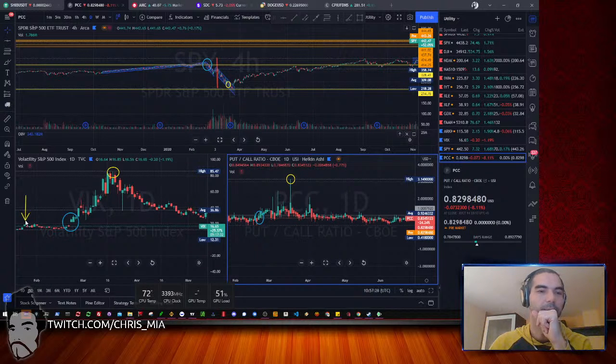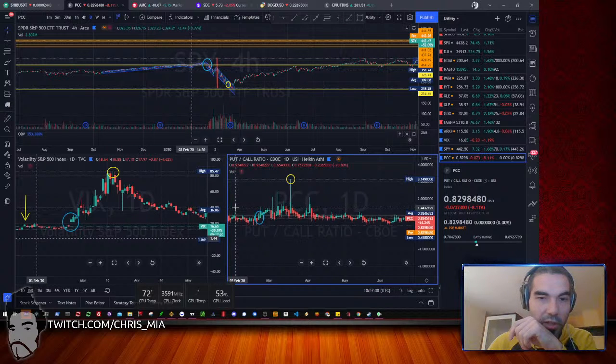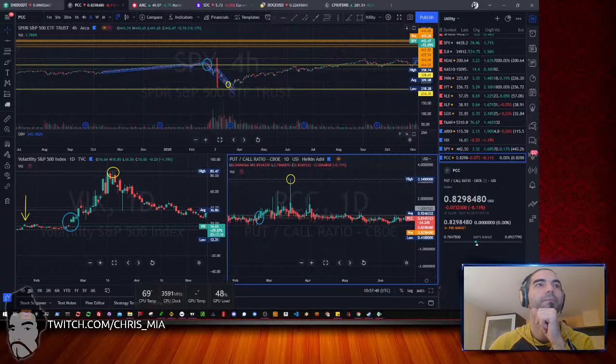we are here. We had a big up, and then it's cooling down a little. And the put to call ratio, we are somewhere around here as well. A bit of a cool down.